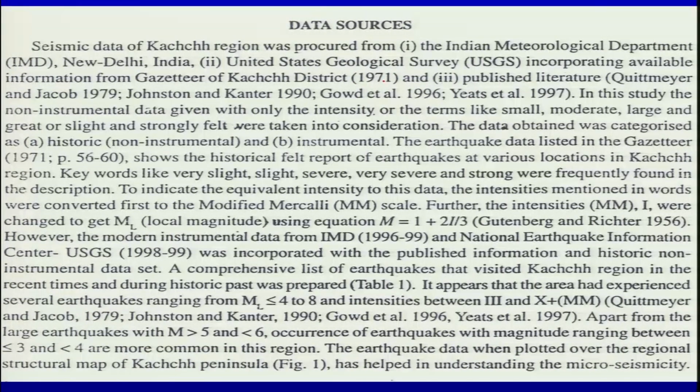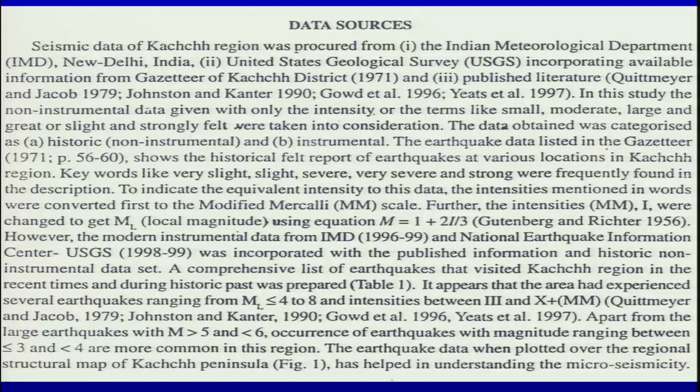Okay. So this we took into consideration, and in this study the non-instrumental data, given with only intensity or terms like small, moderate, large, and great, or slight and strongly felt, were taken into consideration. The data obtained was characterized as A, historical non-instrumental data, and B, instrumental data.